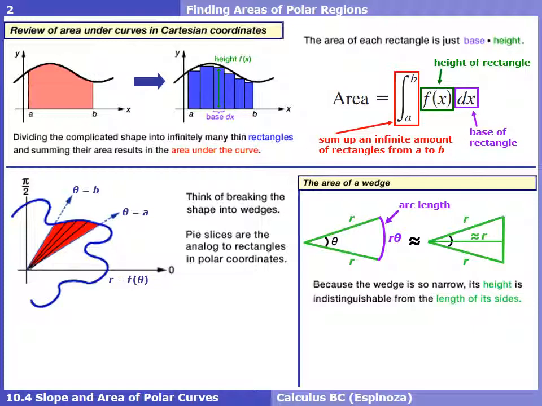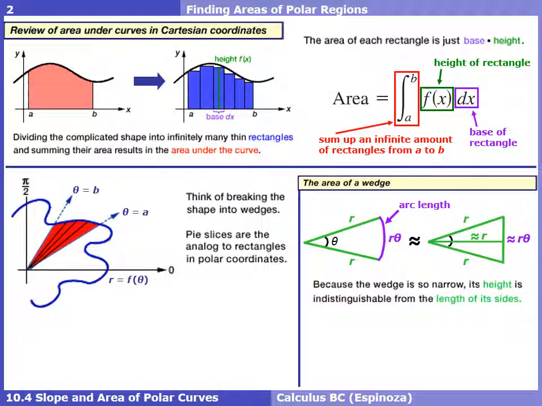The angle in between the two sides here, r and r, is so tiny that the height of this triangle is pretty much the same as those two r's on the sides. And because of that, our arc length is now looking more like a straight line. This is such a tiny piece that the arc length is looking like a tiny straight line.